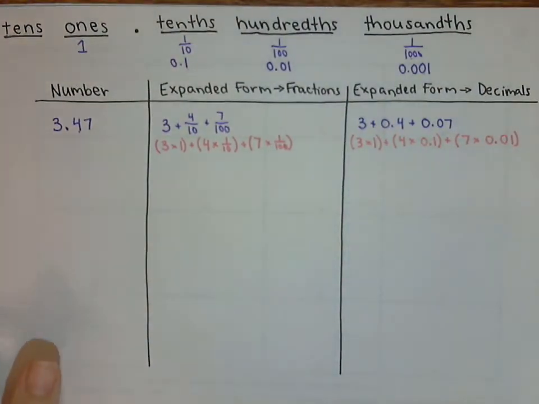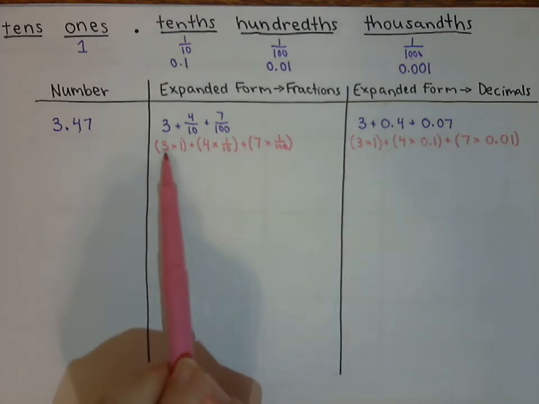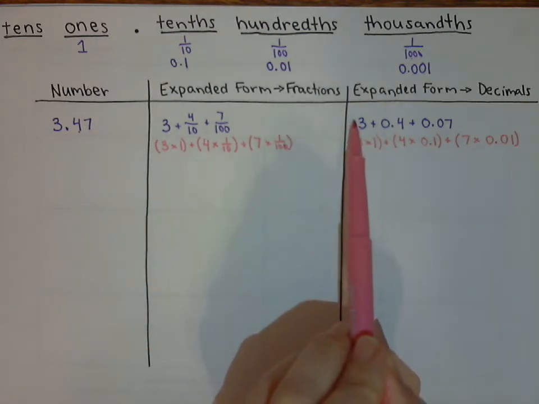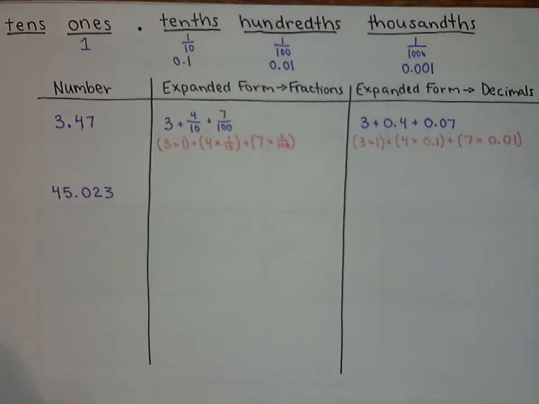So that is just showing you, honestly, 4 different ways to write it in expanded form. You will definitely see examples like this, as well as expanded form like this. So let's just take a look at doing a couple more examples in our notes, and then you will have some practice to do.